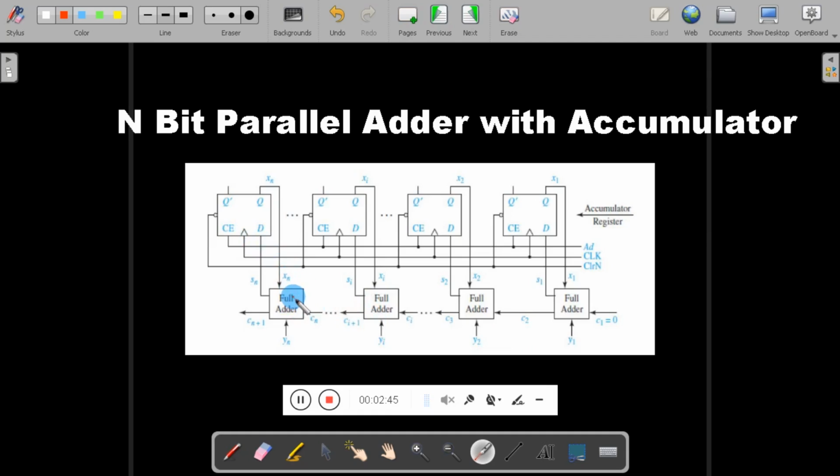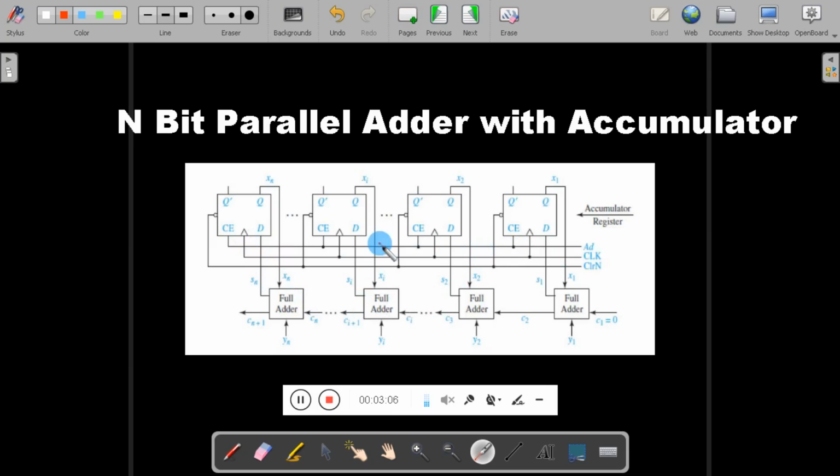And this is loaded into the accumulator on signal AD. That is, the signal AD loads the output into the accumulator flip-flops on the rising edge of the clock signal.